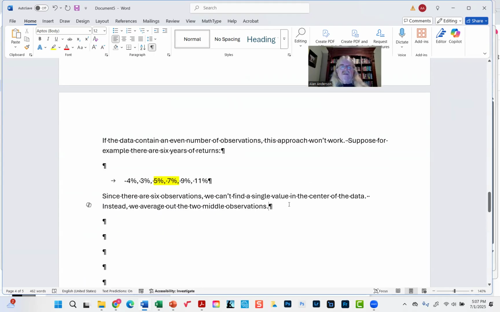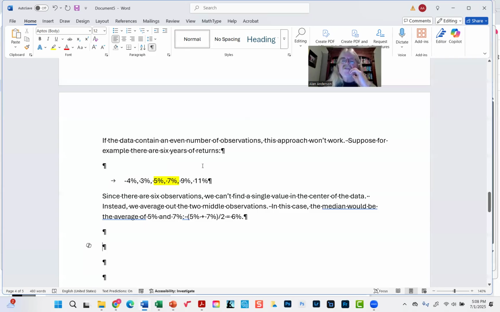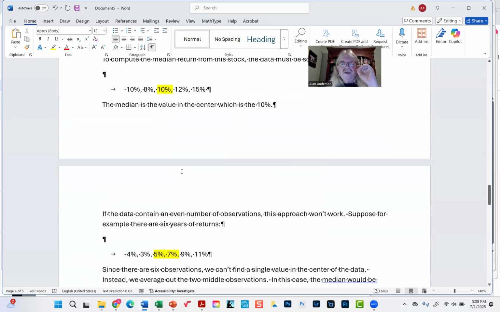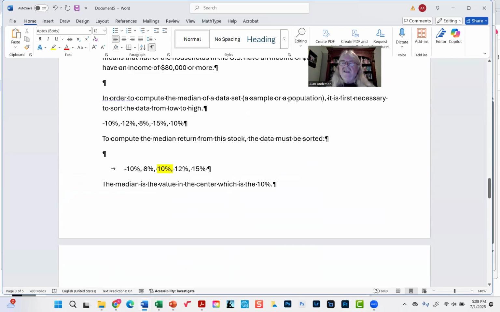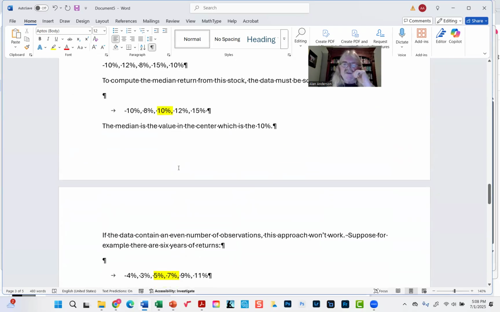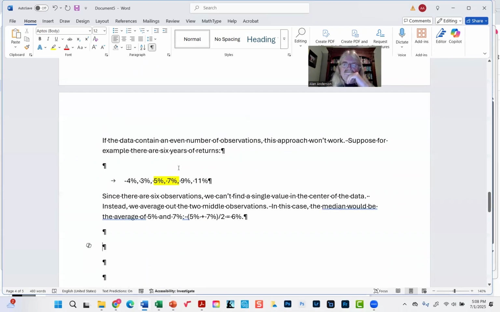So in other words, in this case, the median would be the average of 5 and 7%. So there's only 2 cases we might run into: an odd number of values where we look right in the middle, an even number of values where we average out the 2 in the center. So that makes things easier for us.